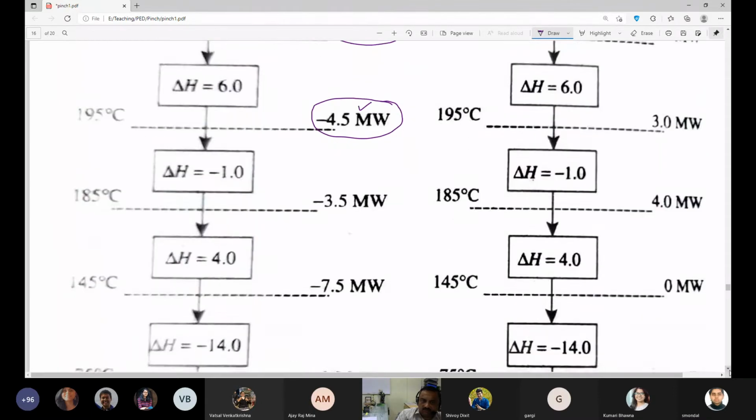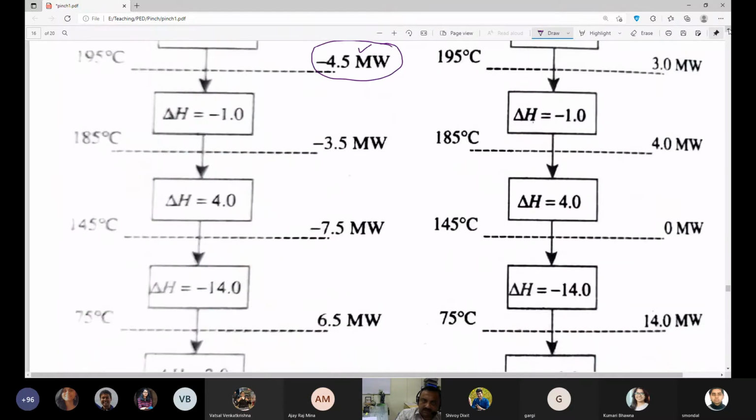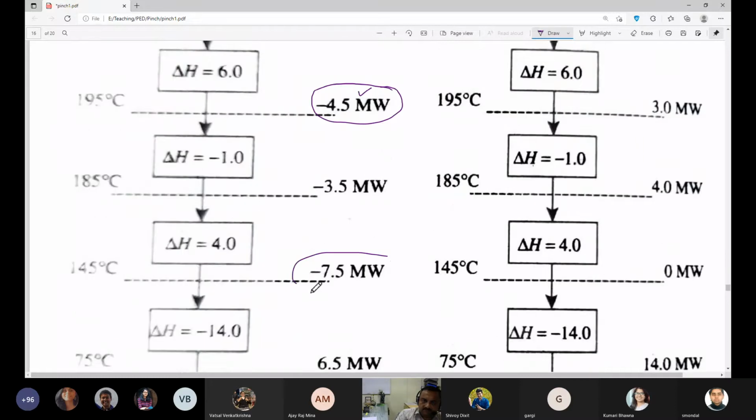And then we go all the way. We see that this is where the final 25 degrees centigrade raised. So that is where we get to from hot utility. So now you can see that the maximum negative, the lowest amount that I have is minus 7.5 MW.